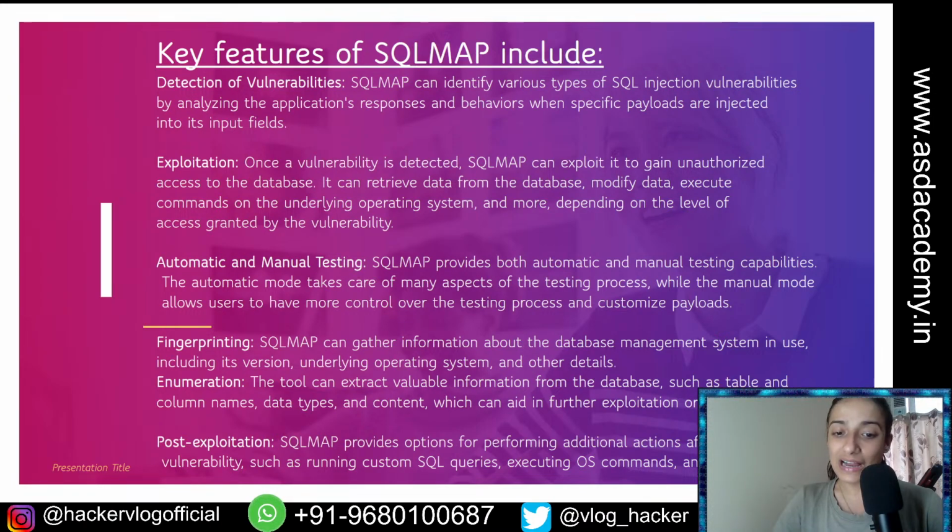This tool can extract valuable information. What all things can that single tool do? All these things we have mentioned here, like the column names, the content, the data types, and any further analysis of the application. Now we have post-exploitation.